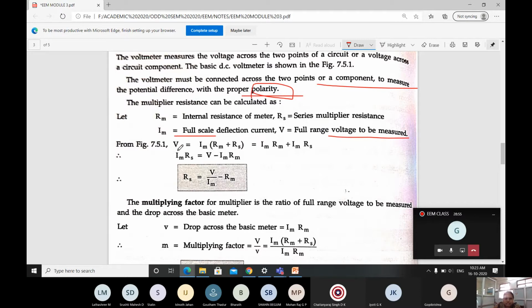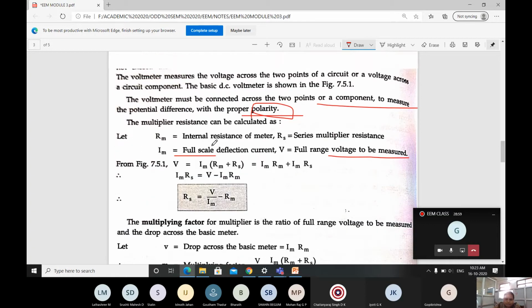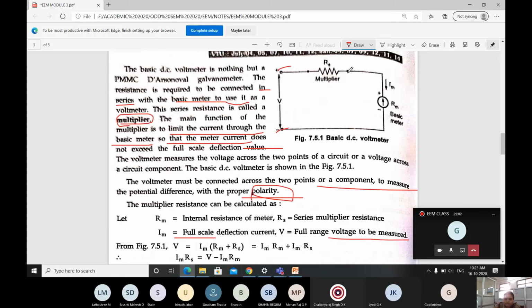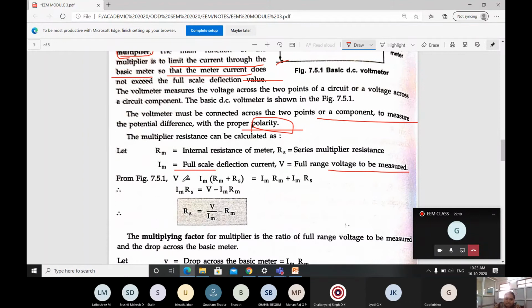Therefore, V equals I into R. The current flowing is only Im, and both resistors Rs and Rm are in series connection. For that reason, capital V is Im times Rm plus Rs. Just multiply: Im into Rm plus Im into Rs.